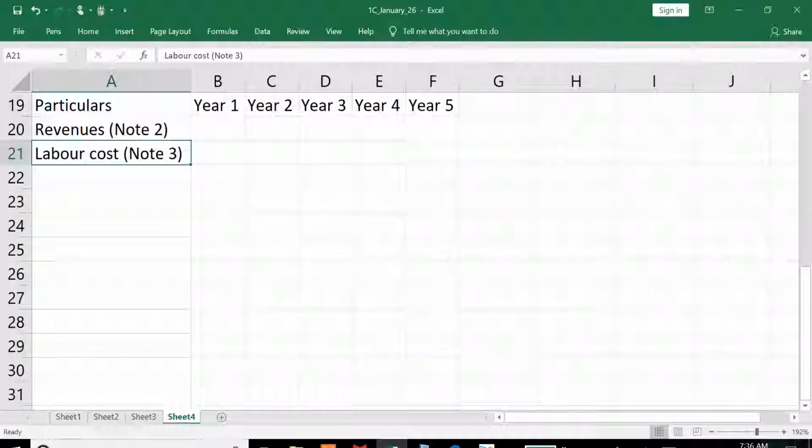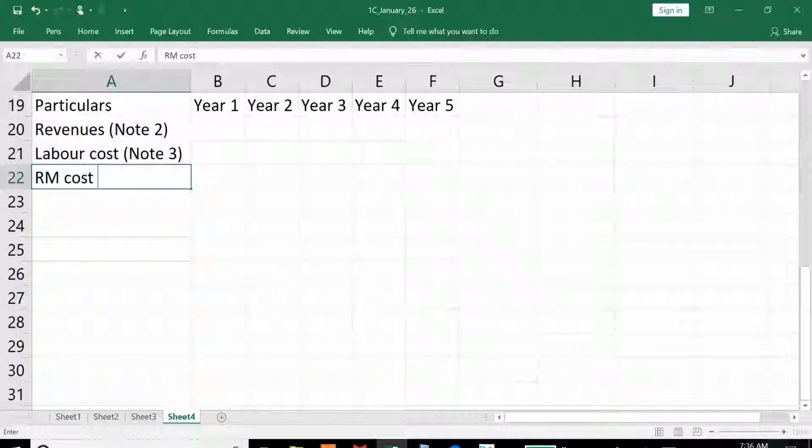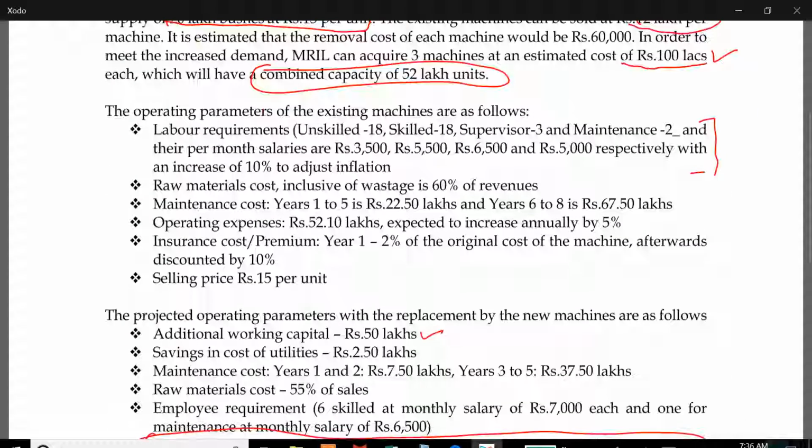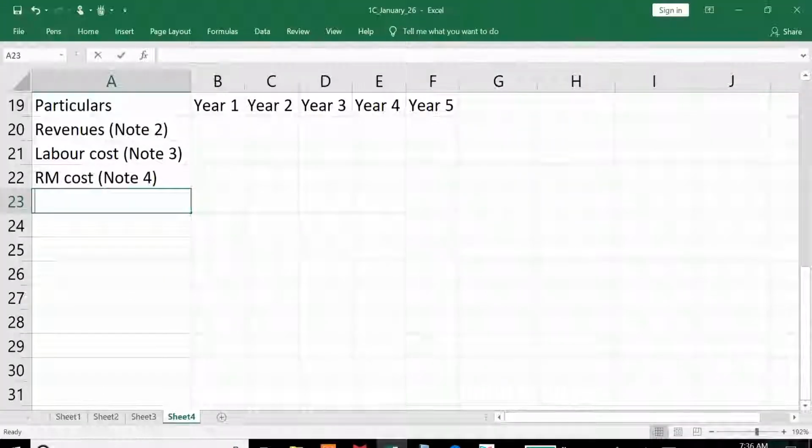If you spend more, put it as negative. Then there is raw material cost, which is note 4. In raw material cost, you will calculate old raw material cost, which is 60% of revenue, and new raw material cost, which is 50% of revenue.